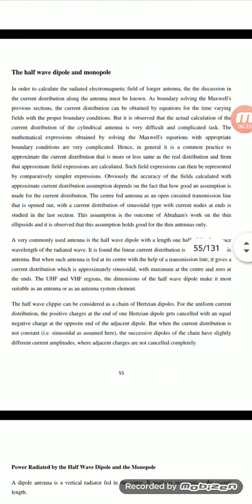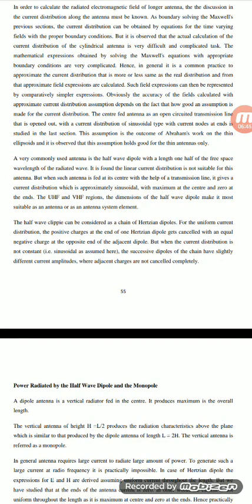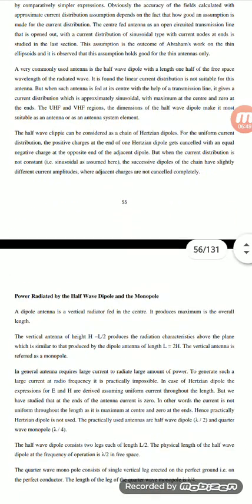These antennas are divided into different places and different distances. Those are used for half wave antennas and monopole antennas.